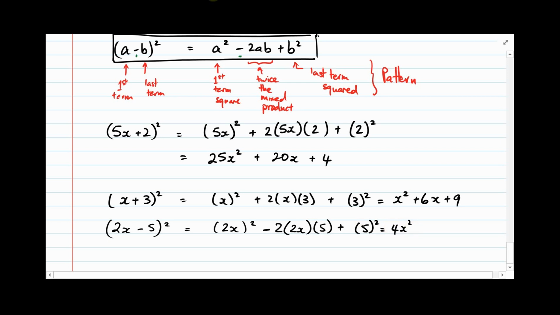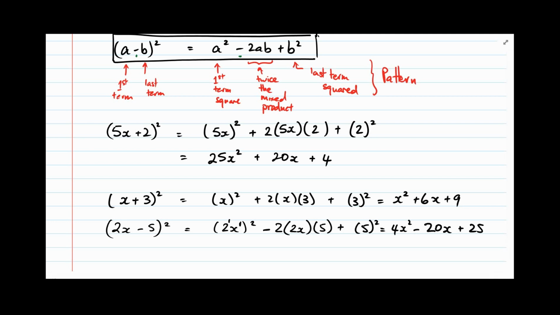Again, remember your power rule. Each of these were to the first power, so do not give me 2x squared. So if we continue, 4x squared minus 4 times 5 is 20x, and plus 25.